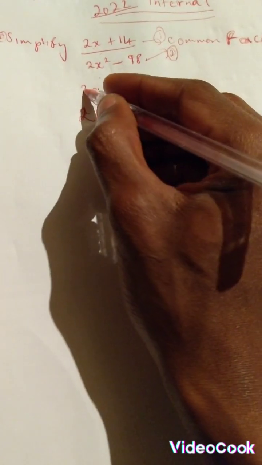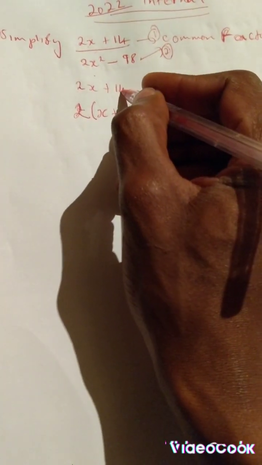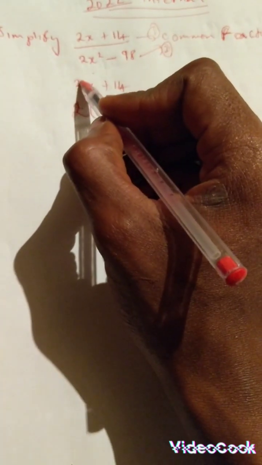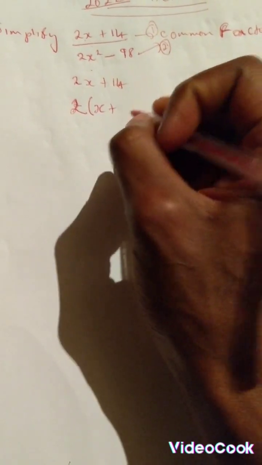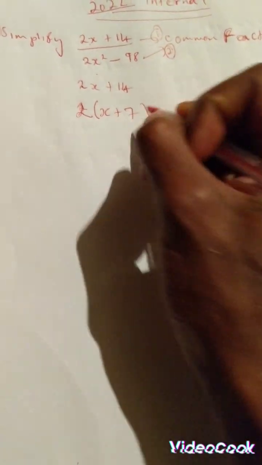How many times does 2 enter into 14? It goes 7 times. Then you close. You have simplified what is on top, and this one we are going to call equation 1. Then now you go to equation 2.